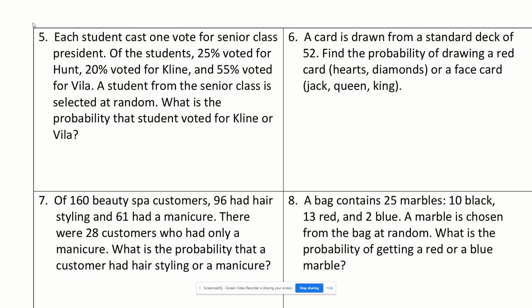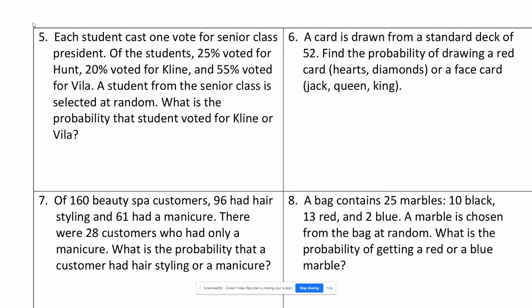What is the probability that a student voted for Klein or for Vila? Now think about this. Are these two events mutually exclusive or are they inclusive? Well, they're definitely mutually exclusive. No one can vote for Klein and vote for Vila. You're only allowed to make one vote. There's no overlap possible between these two events occurring.